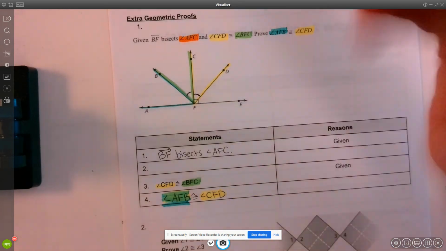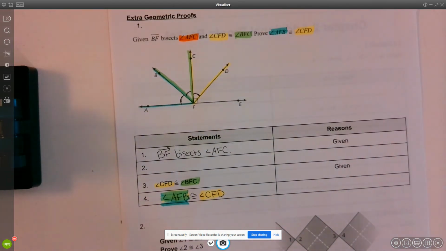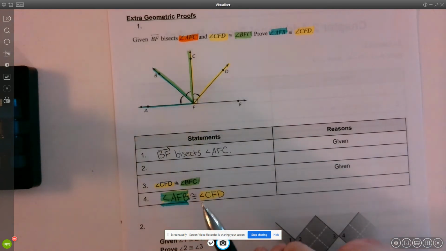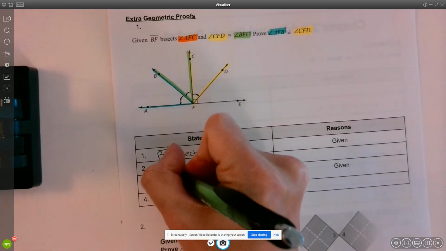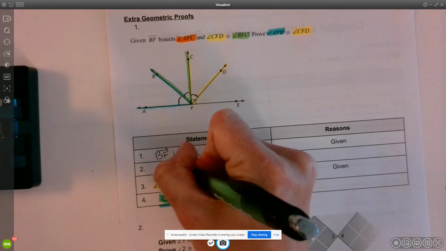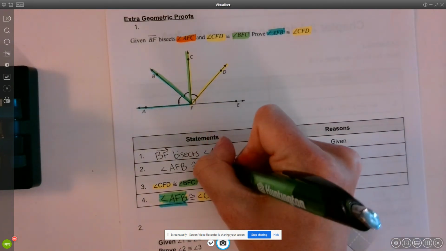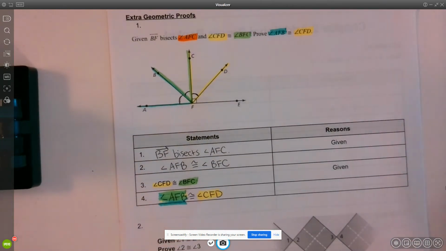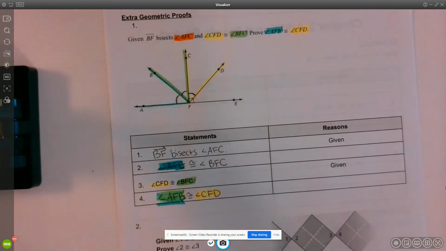So I know that angle AFB has to be congruent to angle BFC. I'm going to put that in my proof. And I know that because they told me that ray BF bisects angle AFC.